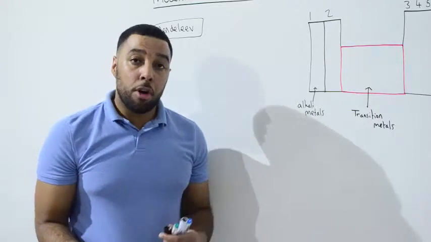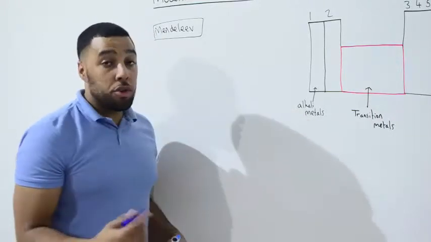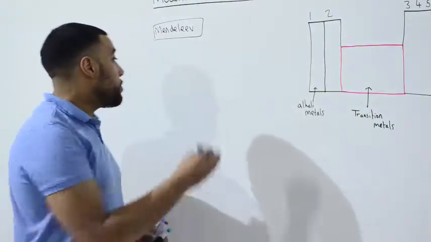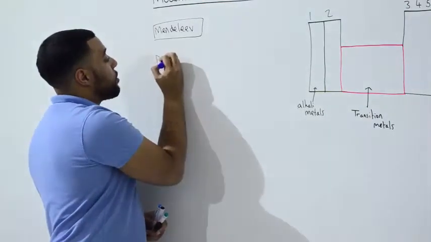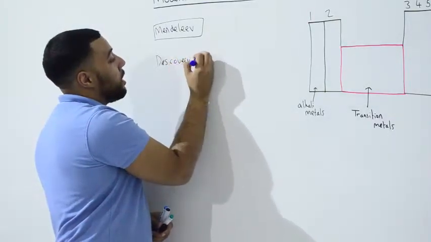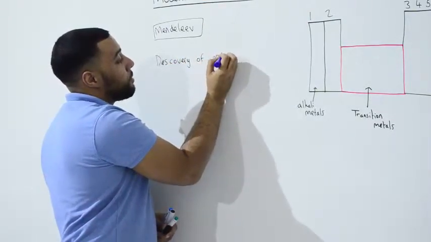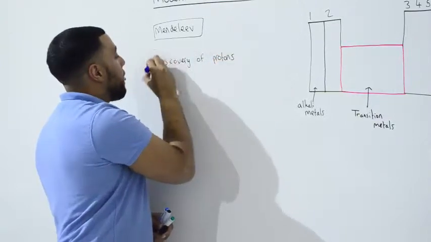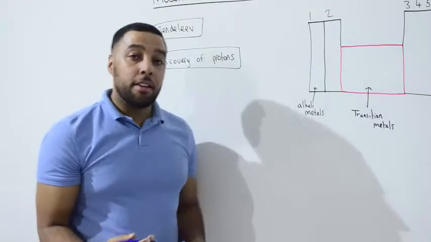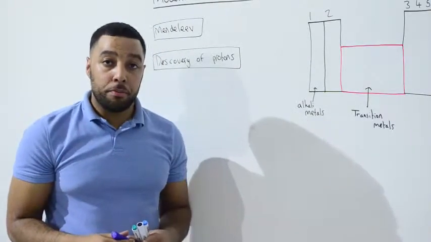But there were a few problems with Mendeleev ordering the elements by their relative atomic masses. And it wasn't until the discovery of protons that we were able to refine the periodic table.